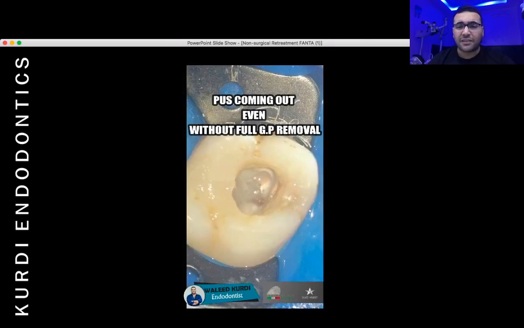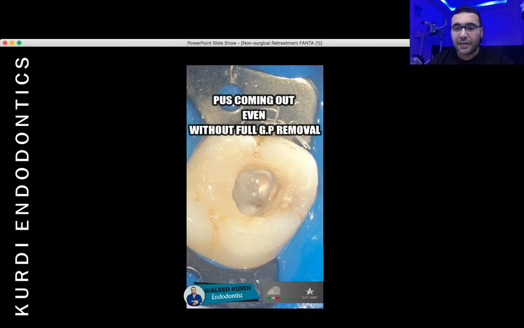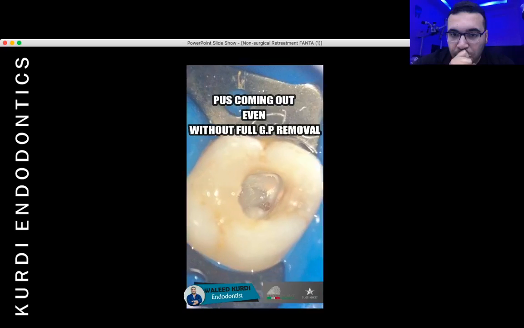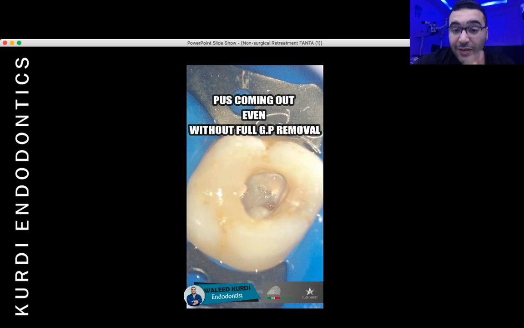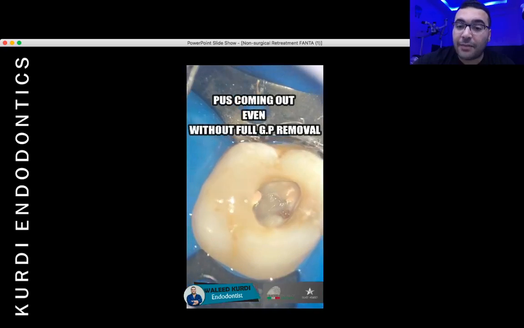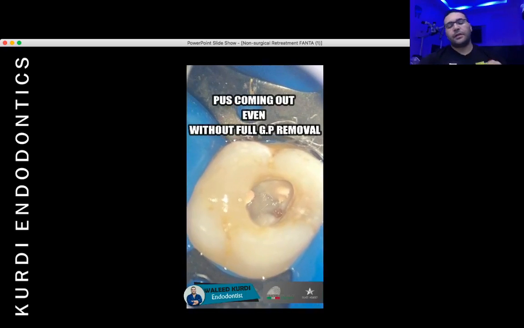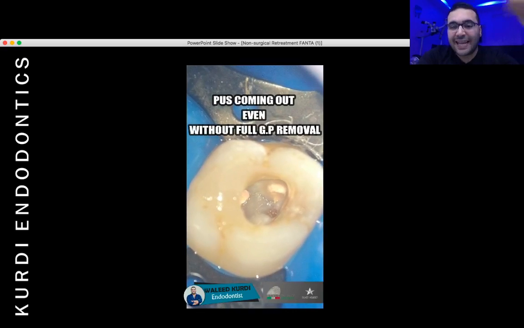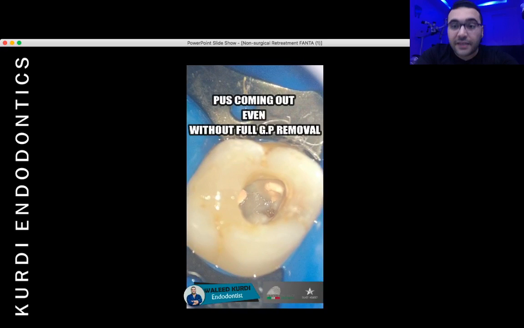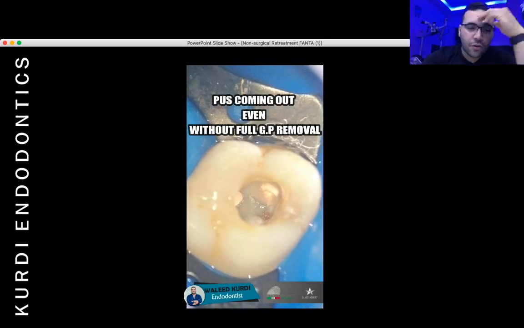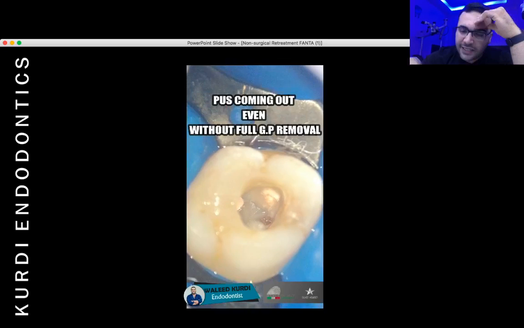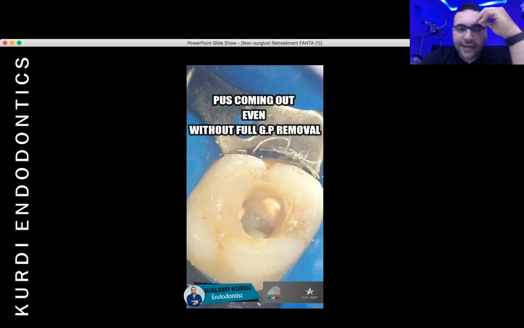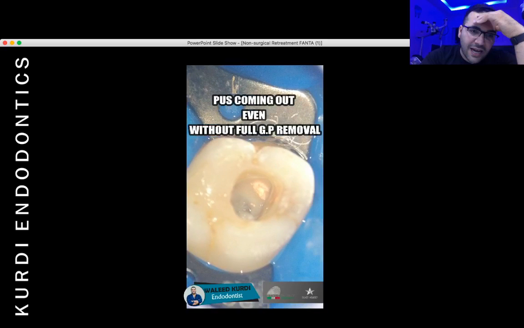And here you can see, after I removed the gutta-percha, the pus started to come out from the canal. You can see the pus coming out from the canal. Here, the patient had a lesion, had an abscess, and every time in such cases, when I remove this gutta-percha, I always have this pus coming out from inside the canal.